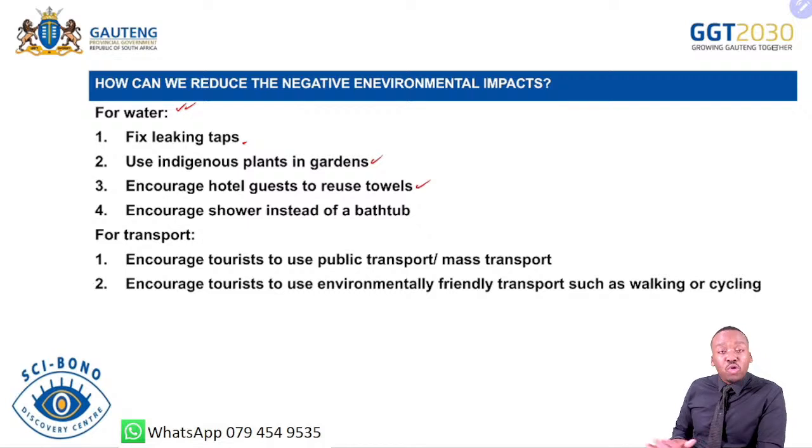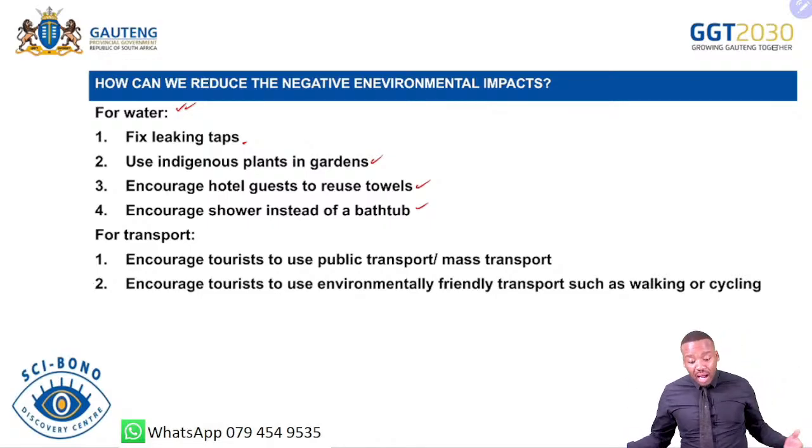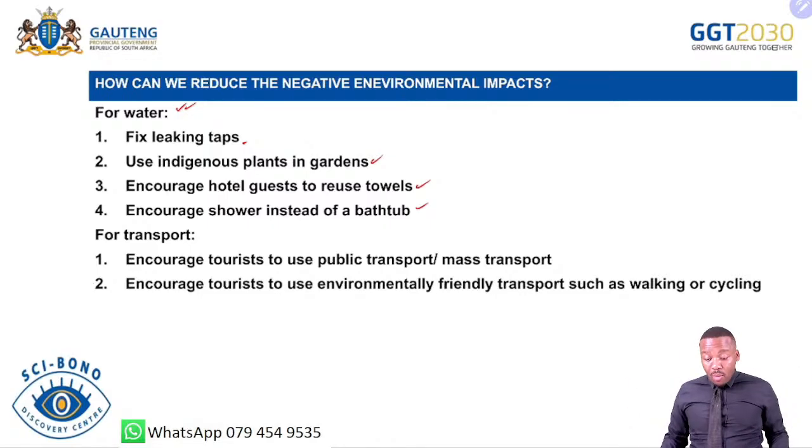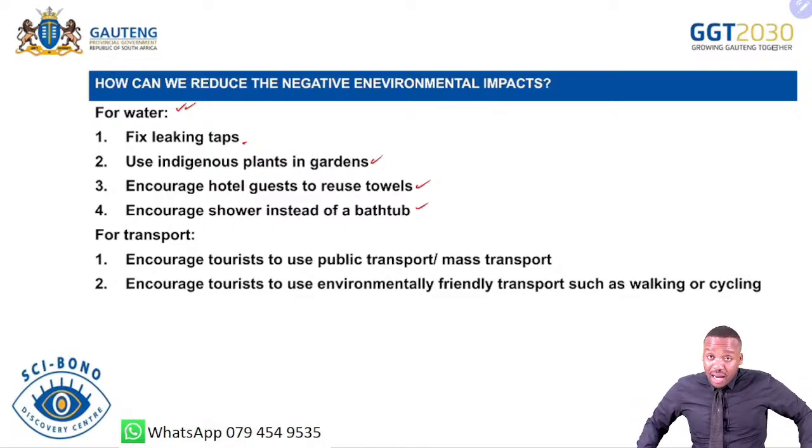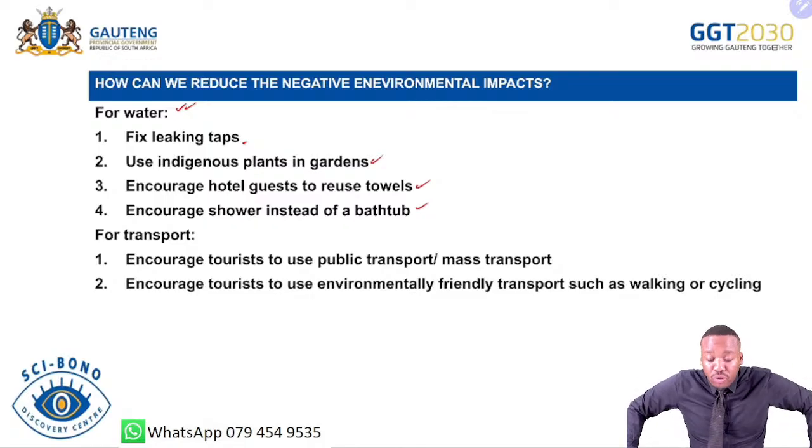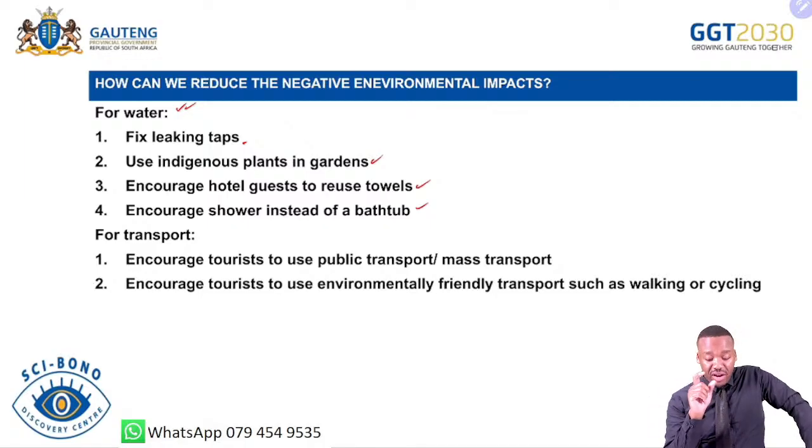Encourage your people to shower instead of using a bath. This can even happen at home, right? Obviously, when you are showering, you are going to be using less water, and you're also going to be spending less time in the shower, right? But when you use a bathtub, maybe 40 liters, someone will fill the bathtub to the max. How many liters of water could you be wasting per day, right? So we need to be very careful of that.